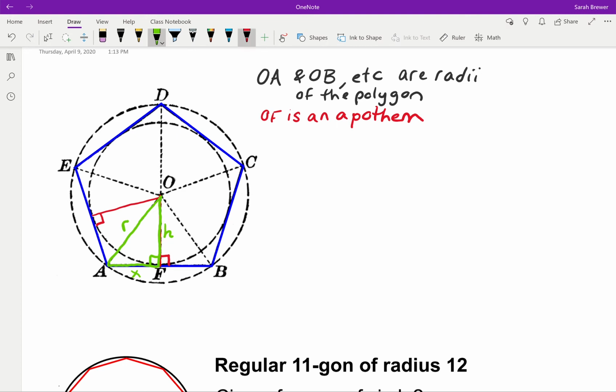All right, so first thing I want us to notice is that if I split this regular N-gon up into a whole bunch of these little right triangles, I'm going to draw n radii, right? An N-gon has n sides and n vertices, so it's going to have n lines from the center to each of those vertices.